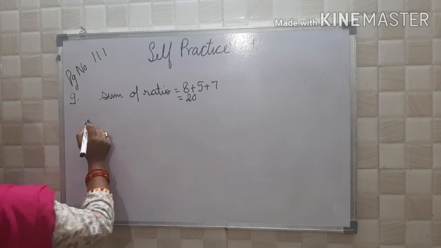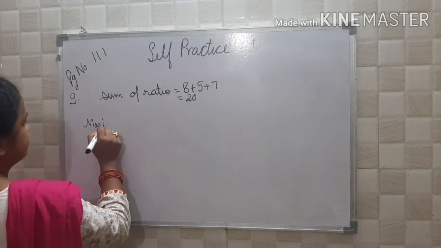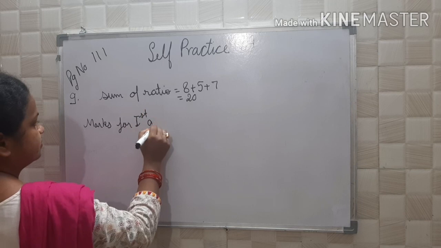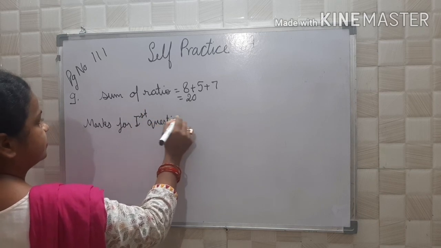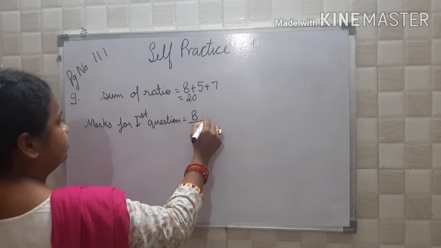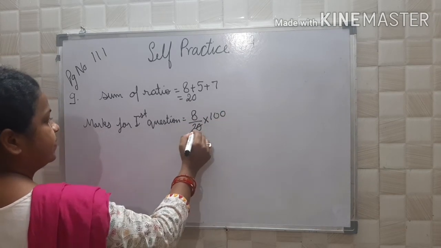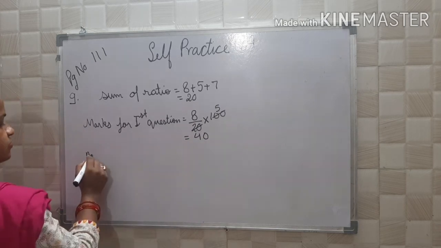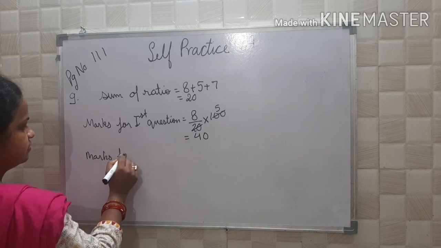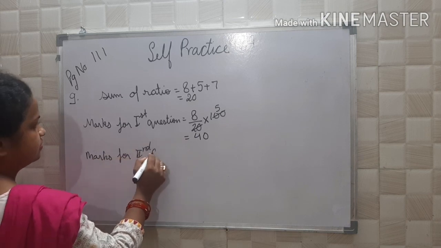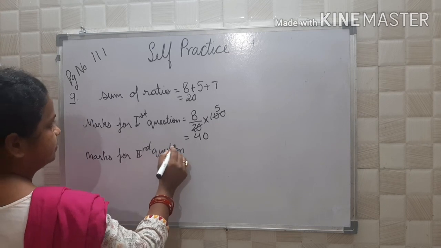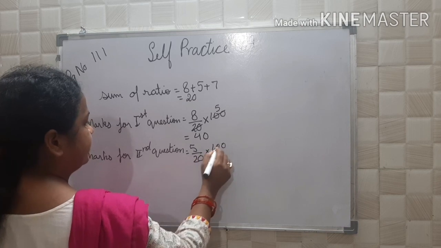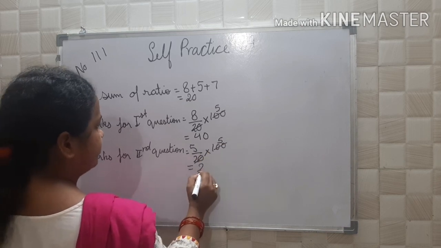Okay, now marks for first question, that is 8 upon 20 into total marks 100. So 20 5s are 100, 8 5s are 40. Then marks for second question, 5 upon 20 into 100, 5 5s are 25.